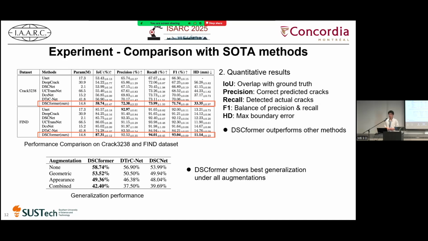For quantitative results, we use common metrics like IoU, precision, and recall. Our method outperforms others with around 2% improvement in IoU.